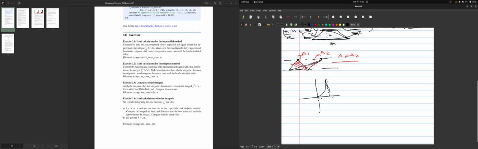So we will divide this, and this division, h, is actually 1 minus 0 over n, where n is the number of divisions. For example, let's say n is 5, so h is going to be 1 over 5. So in every 1 over 5 we will have different trapezoids. This is 1 over 5, 2 over 5, 3 over 5, 4 over 5, so 1, 2, 3, 4, 5. So we have 5 trapezoids.